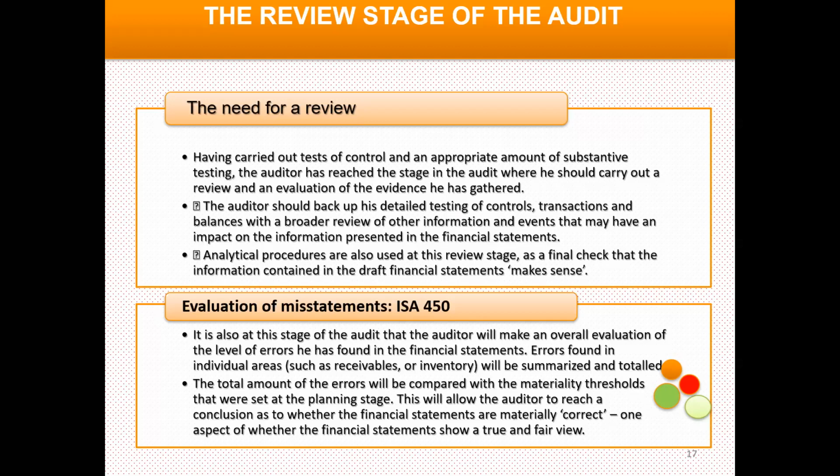How does the auditor get this broader review? They can do this through analytical procedures. Analytical procedures are important in the audit, and also at the review stage. It even helps in planning as well. So analytical procedures is a very, very powerful tool.